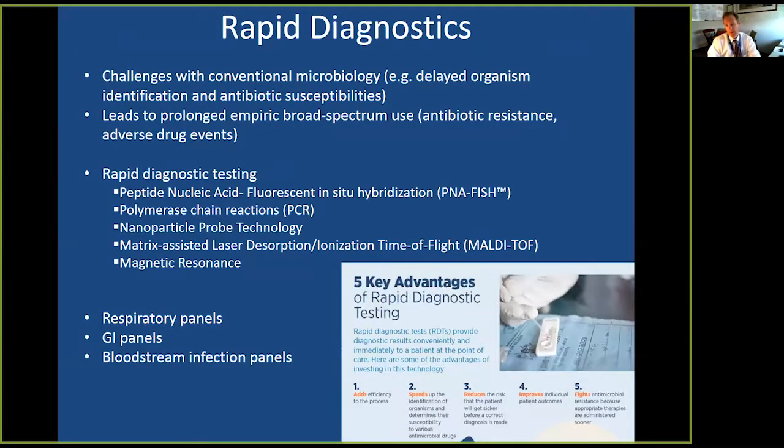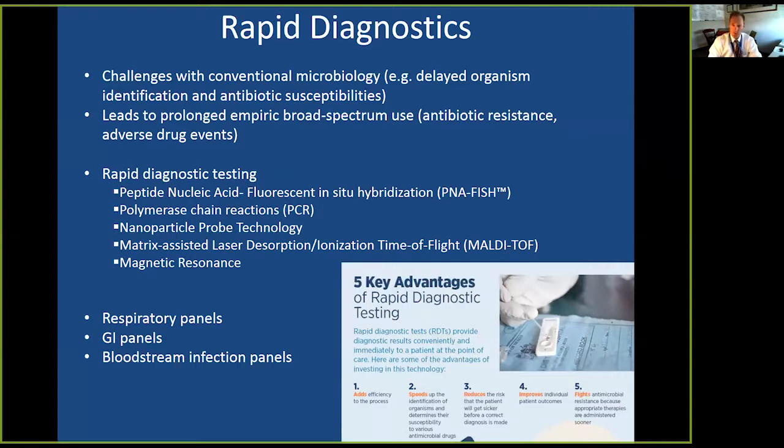Okay, finishing up, we're going to talk briefly about rapid diagnostics. This has been brought up a couple times. Rapid diagnostics encompasses a lot of things, and it really tries to get the microbiologic result further up in the course of care. We have lots of technologies out there.